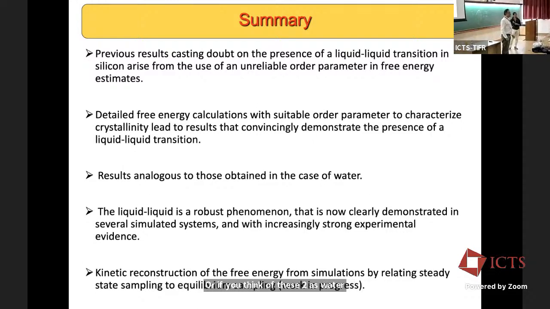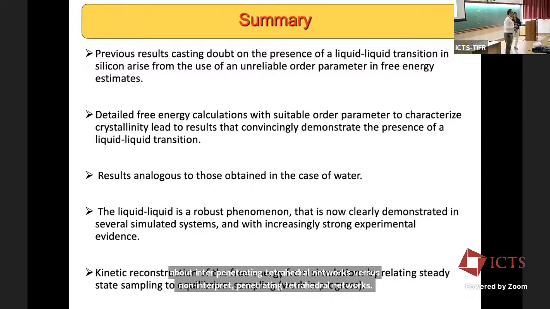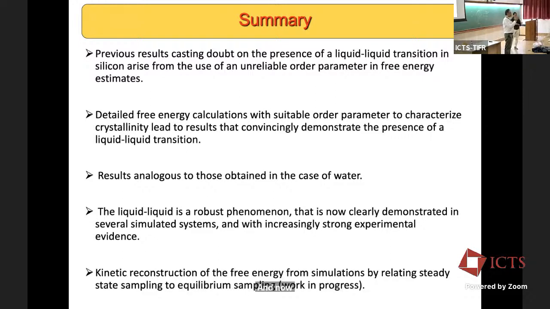It was always kind of funny because it didn't go beyond that. But that is a way of starting to think about interpenetrating tetrahedral networks versus non-interpenetrating tetrahedral networks. And now people are beginning to make that a more precise statement, as a change in topology. We're also doing that for silicon, but we're just getting going.